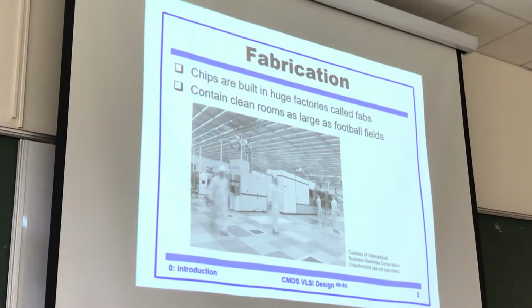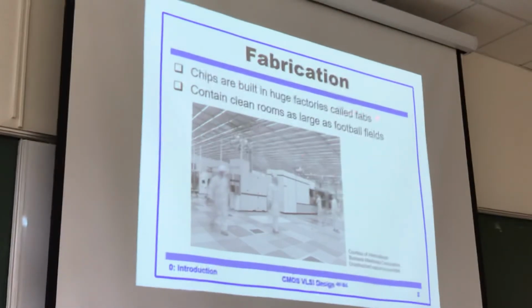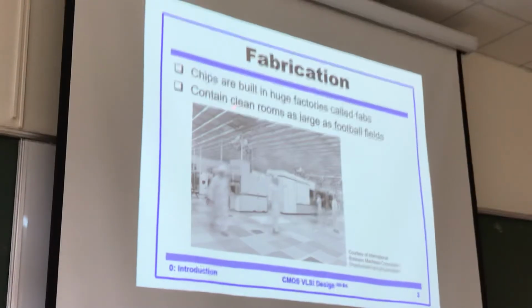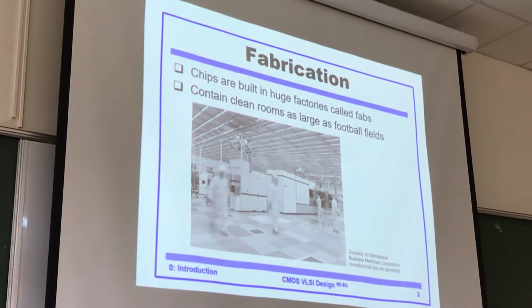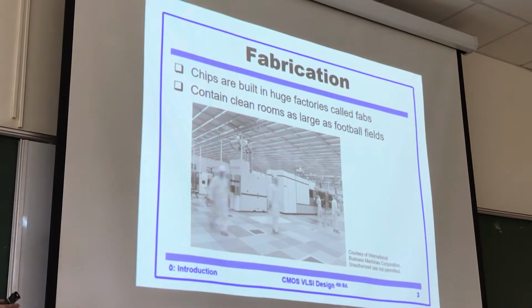Okay, this picture shows the inside of the foundry factory. Chips are built in a huge factory called a fab. Inside the fab is a clean room, and the clean room can be as large as a football field. So that's quite large. If you go to the Hsinchu industrial park, you can see either TSMC or UMC companies, they have huge buildings.